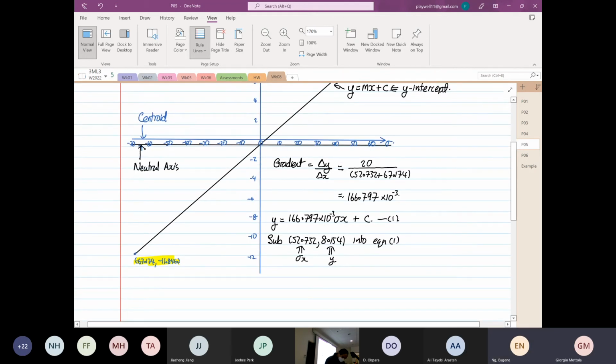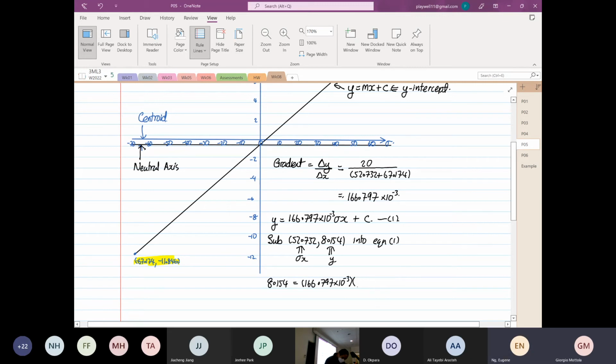Okay, so from here you have 8.154 is equal to 166.797 times 10 to the power minus 3 multiplied by stress x 52.732.